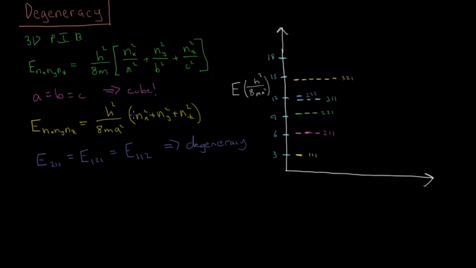And then as you move up, things start getting more and more clustered together. As you get up to 17, 18, and 19, we have situations like 2, 2, 3, and 1, 1, 4 right on top of that. And then right on top of that is 1, 3, 3.